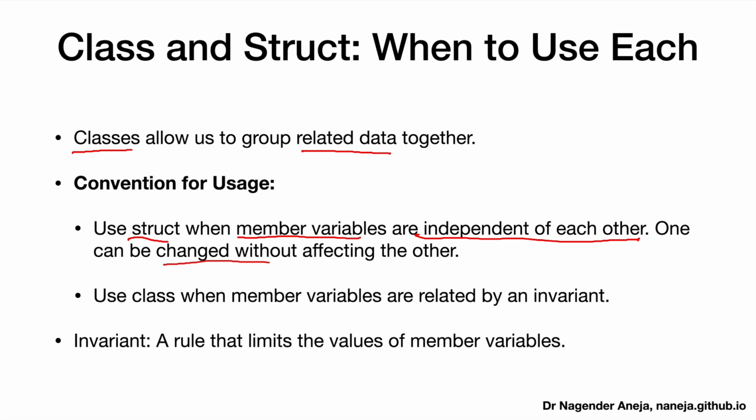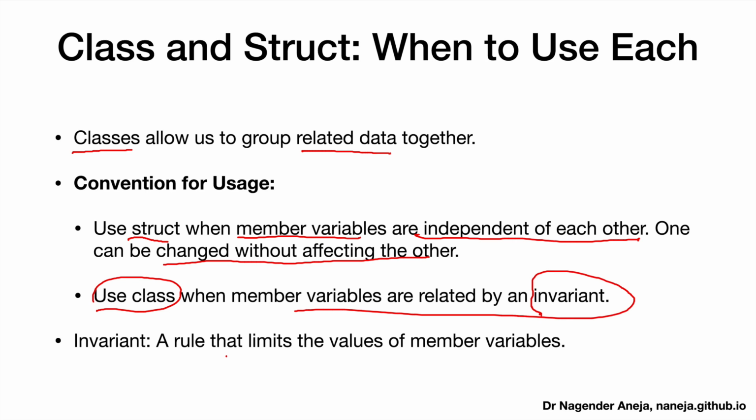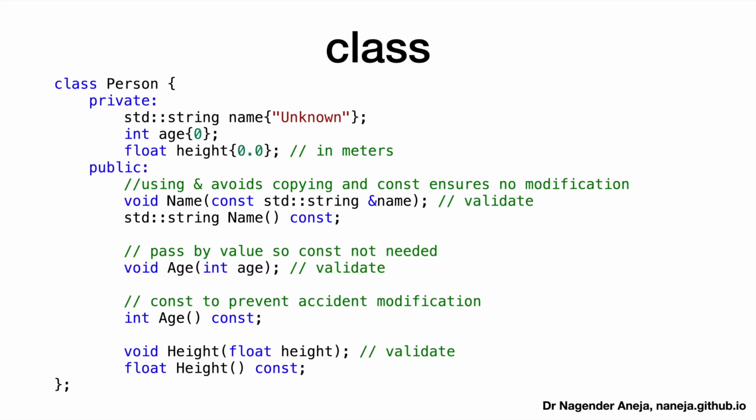So one can be changed without affecting the other. We use a class when member variables are related by an invariant. And what's an invariant? It's a rule that limits the value of a member. So if you have a rule that limits the values of the member variables and they are related, it means that we should use the class. In most cases, the class will be used.